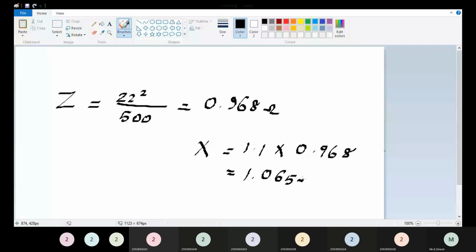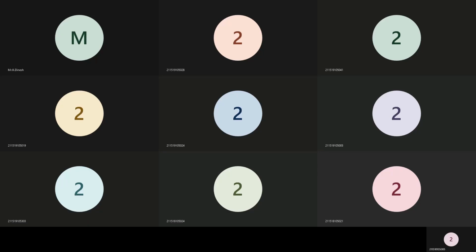Hence B is the correct option. That is the third question.